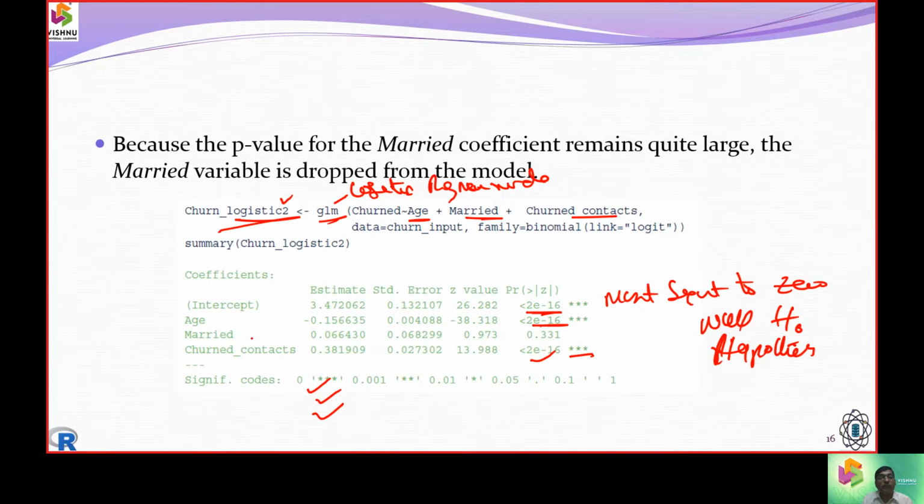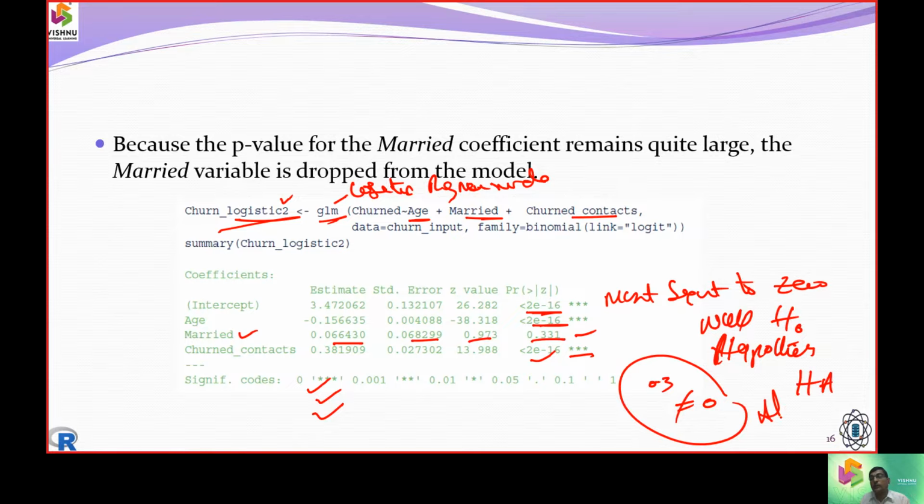But when coming to the married option, whether this attribute is needed to make an estimation or not, because 0.3 is not equal to 0, isn't it? So at that point, we do have the alternative hypothesis. So it is towards the alternative hypothesis, and the error may be relatively high.